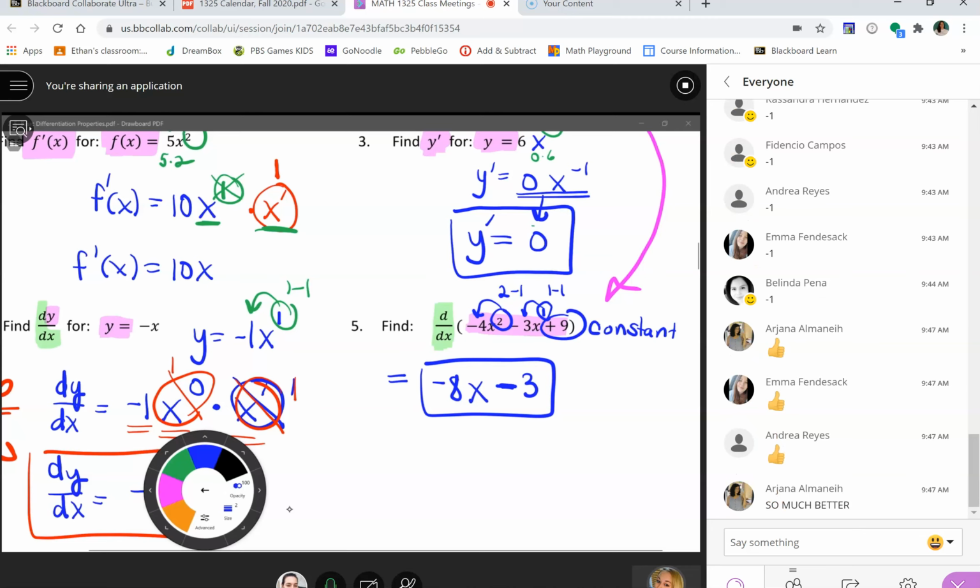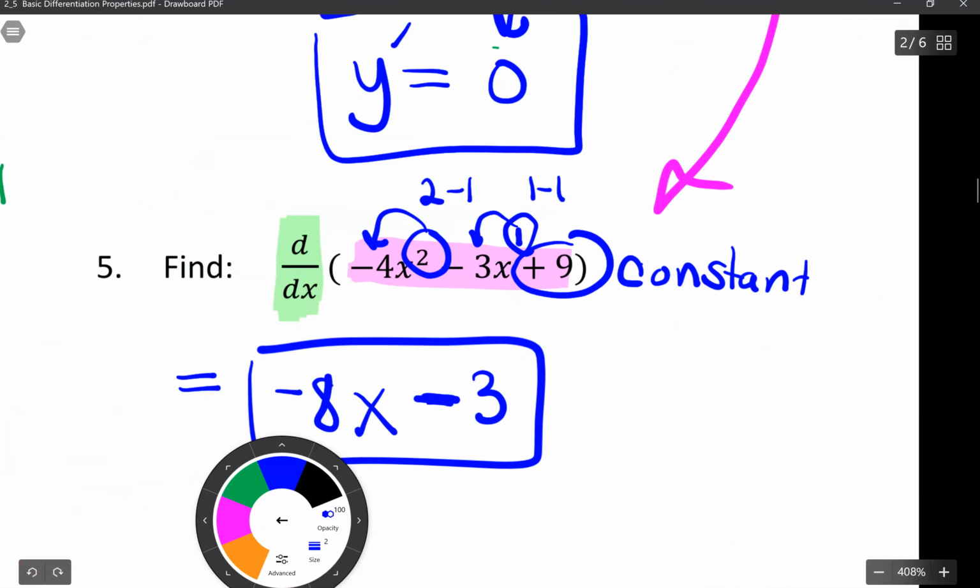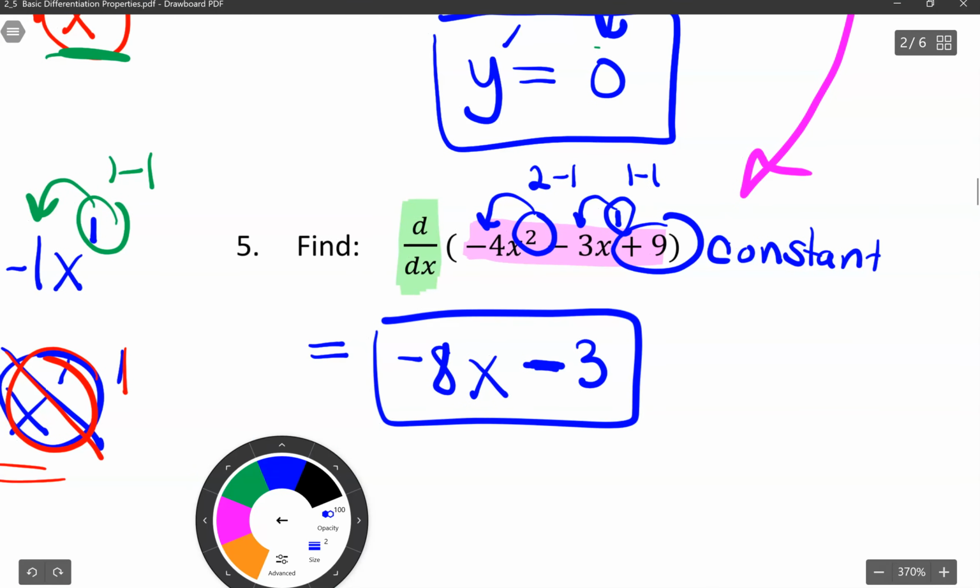Can you explain to me real quick what happens to the 9? I missed that part. Yeah, no worries. So if I'm actually doing the rule here, let me write out the actual rule for this one. Where it says plus 9, there's no x there. There's no variable component. When I input something into my function, it doesn't affect 9. 9 is a constant. So 9 no matter what. But technically, if you wanted to, there's an x to the 0 there because there's no variable component.